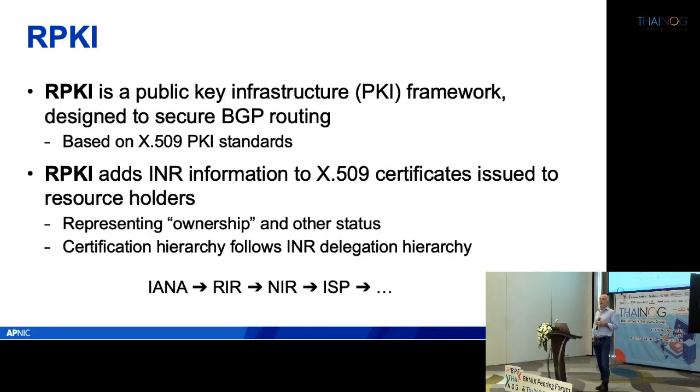So PKI is around all over the place for those purposes, and RPKI is the Resource Public Key Infrastructure. It's a set of standards that adds these INRs, Internet Number Resources, into X.509 standard certificates. And by doing that, you get a representation of the ownership or the title of the certificate holder to use those resources. And because it's a PKI, it's got a certification hierarchy, and the hierarchy of certification can also follow the delegation hierarchy of IP addresses.